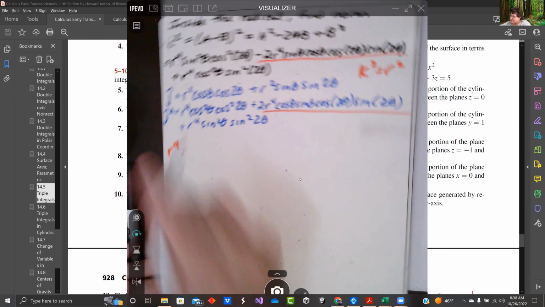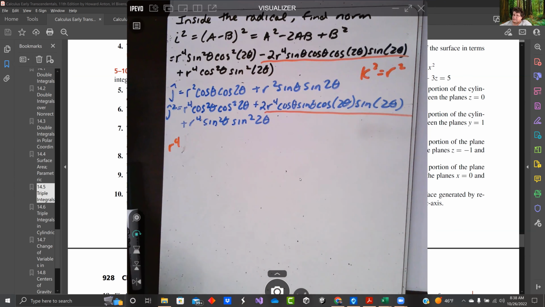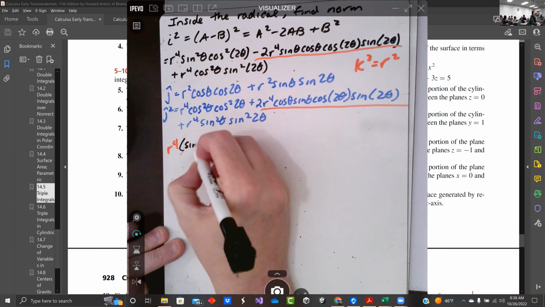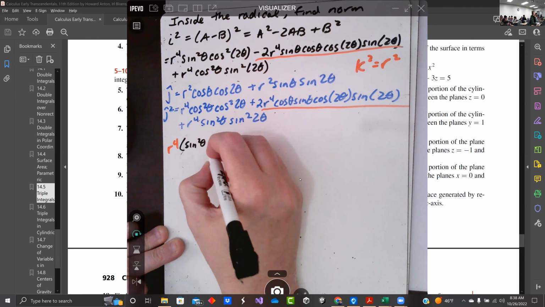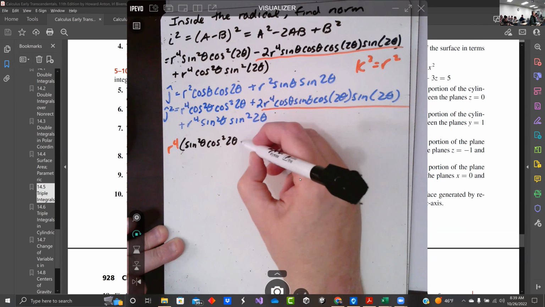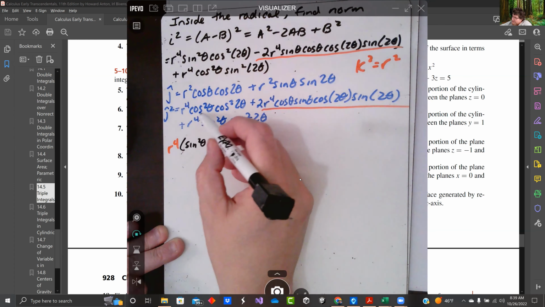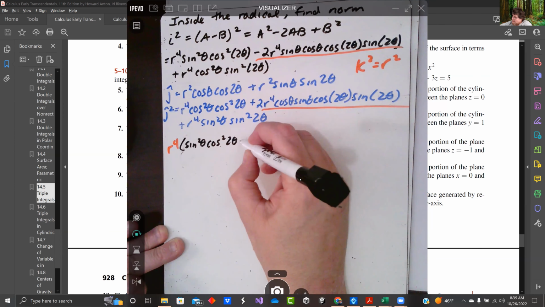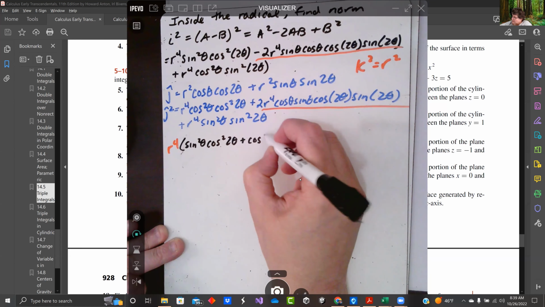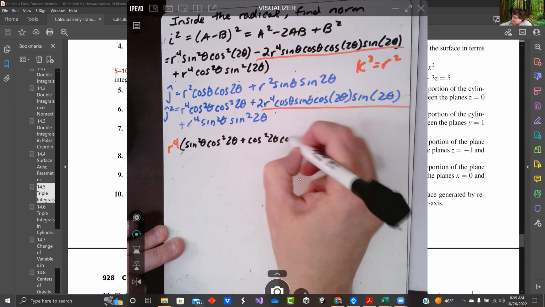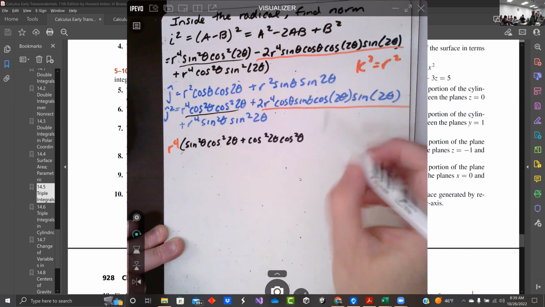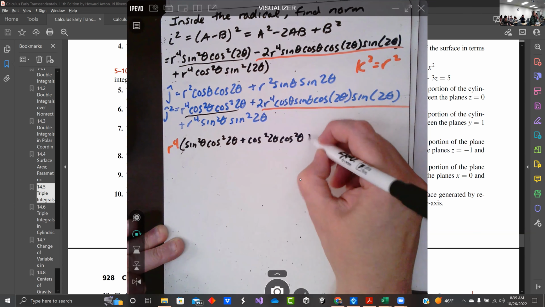I'll go back to black, thinner pen. You can combine all the other parts. And I'm going to put the other cosine 2 theta here real quick. So that's that one and that one. Next one.